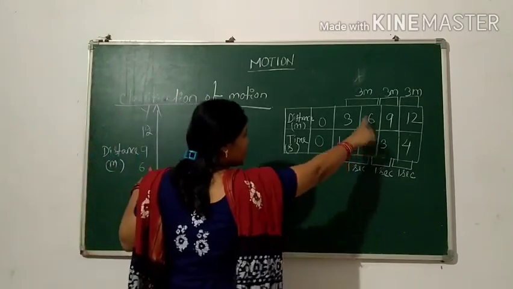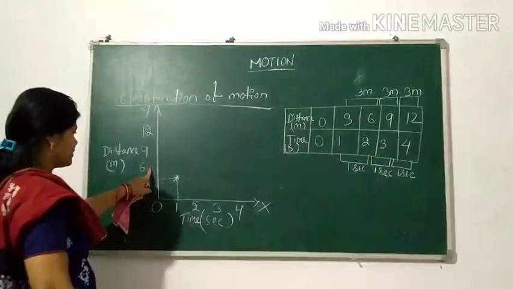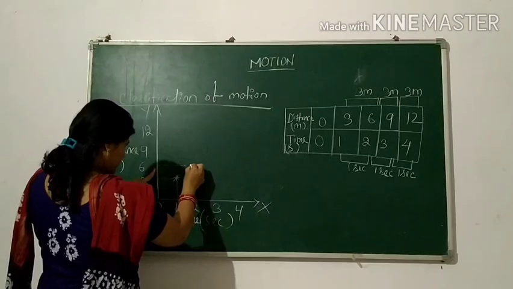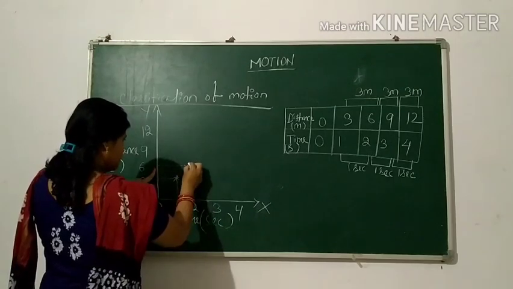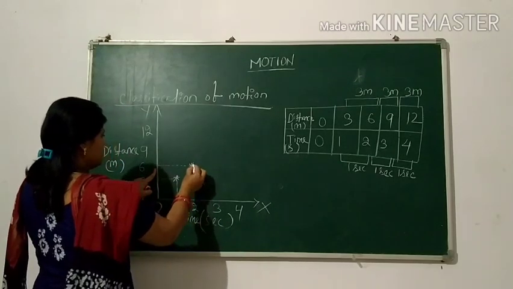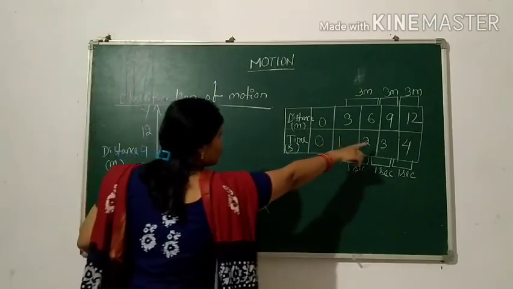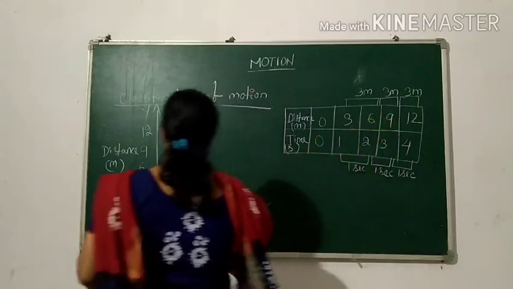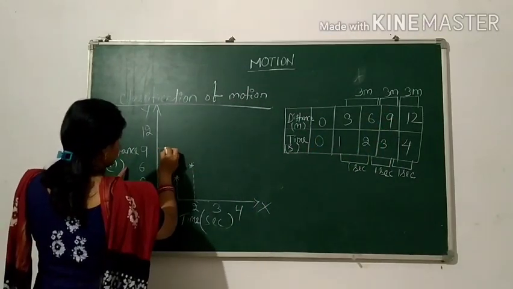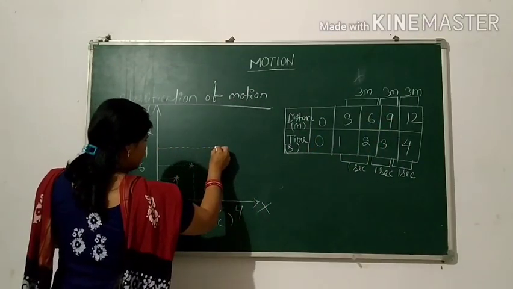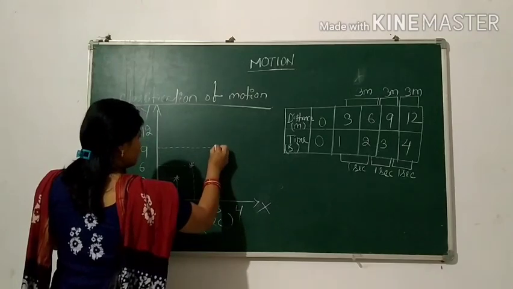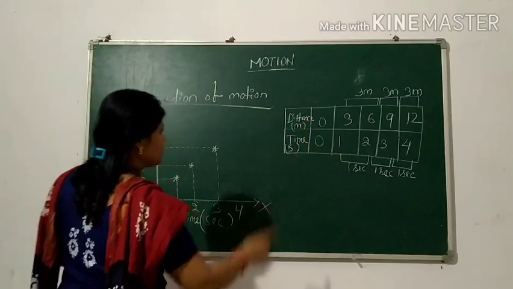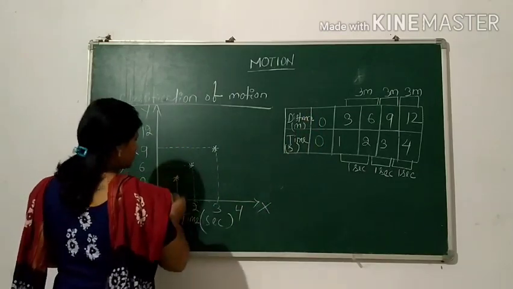Then the second coordinate is 2 and 6. And the third coordinate is 3 and 9. And the fourth coordinate is 4 and 12.